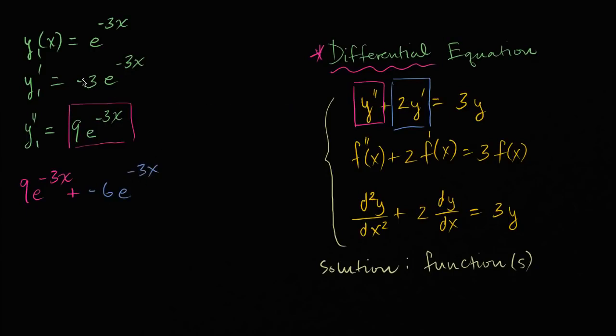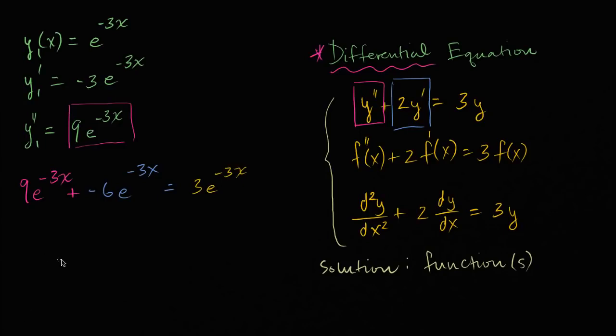Notice I just took 2 times the first derivative. This needs to be equal to, if y1 does indeed satisfy the differential equation, 3 times y. Well, 3 times y is 3 times e to the negative 3x. 3e to the negative 3x.